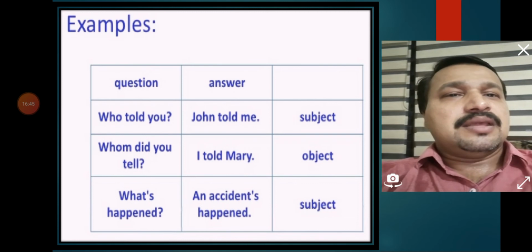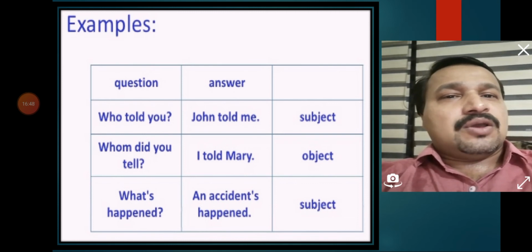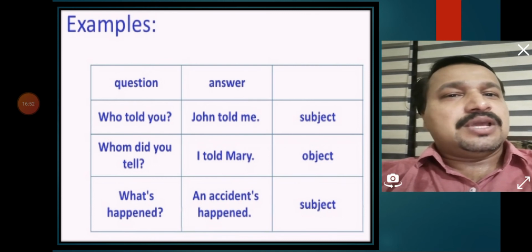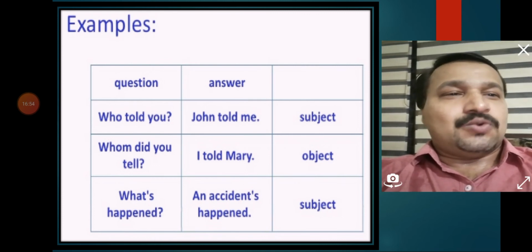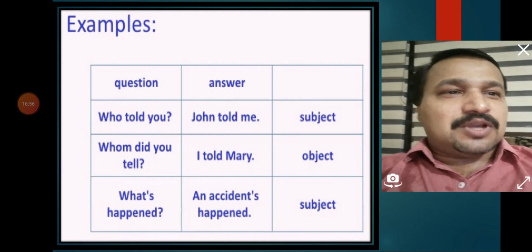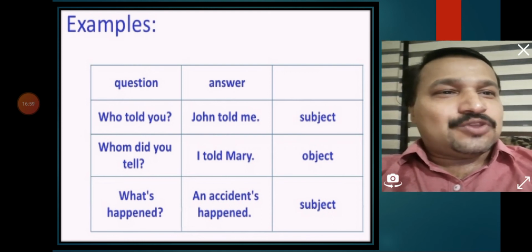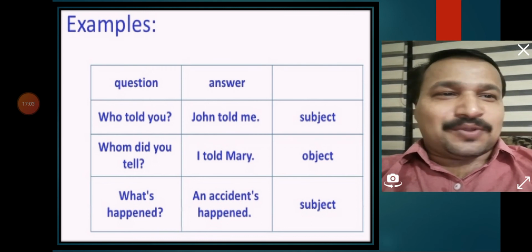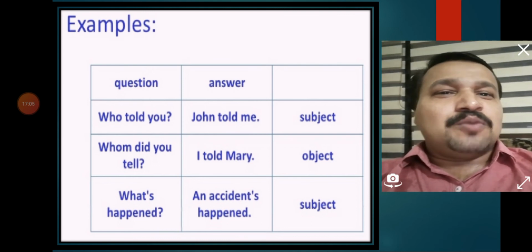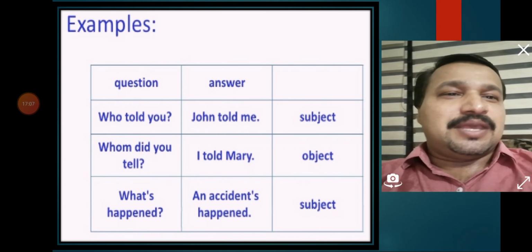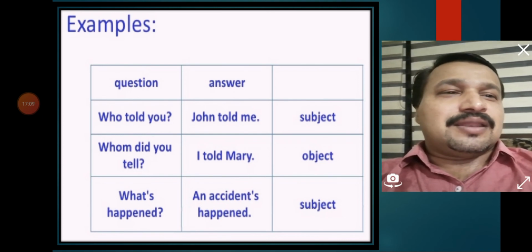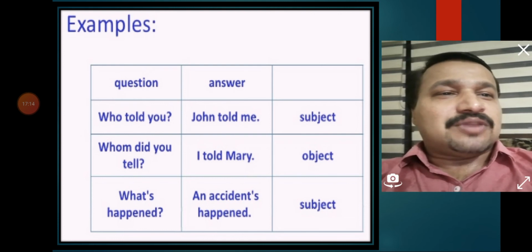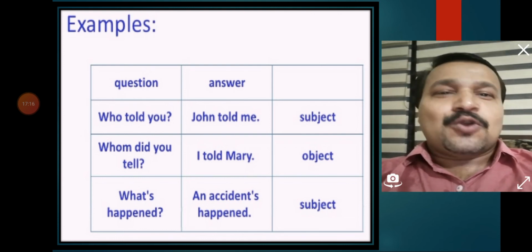Examples can be seen. Question is there. Who told you? John told me. There, instead of John, you have used the question word who. Since the question word who replaces John, who is considered an interrogative pronoun. Okay. Whom did you tell? I told Mary. Then there, Mary is the noun that is replaced by the question word whom.